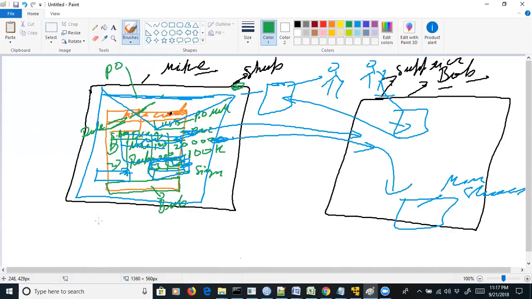We have a standard called 850, a standard for the purchase order. So Mike knows that if he wants to place a purchase order, he has to follow the 850 standard. The supplier also knows that if they want to accept the purchase order through the internet, they have to implement the 850.